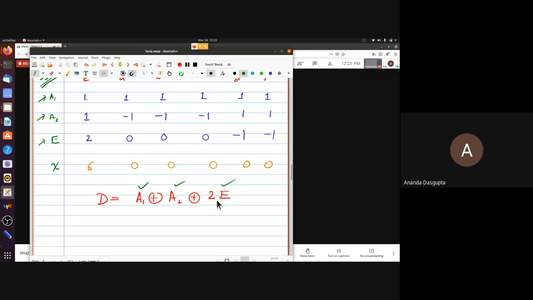For example, you can easily see that A1 essentially has a character of 1 for each and every one of the group elements. Not only does it have a character of 1, it's a one-dimensional representation, so it's really a representation where each and every one of the matrices involved is just the number 1.